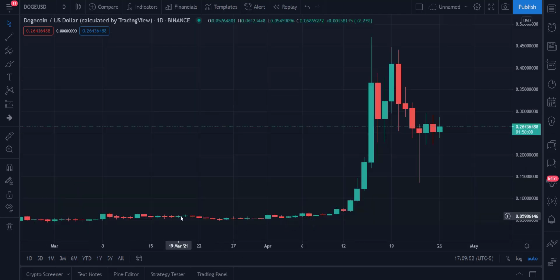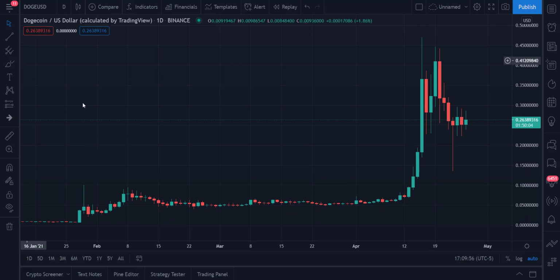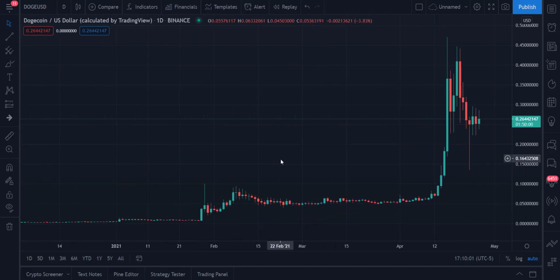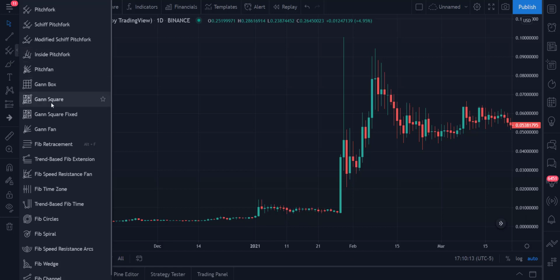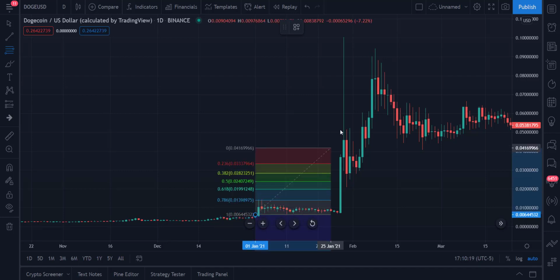This time, we're going to do a nice little Fibonacci retracement. Let's start off over here and do the retracement that happened back in February. Why, you might ask? Sometimes these assets respond very similarly.